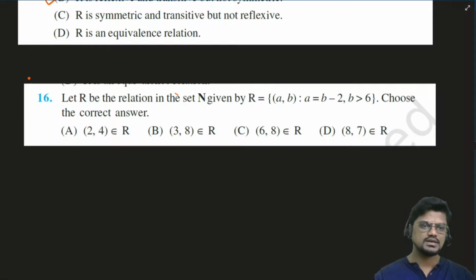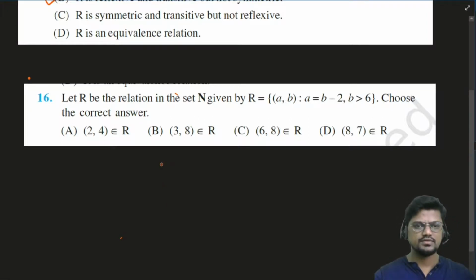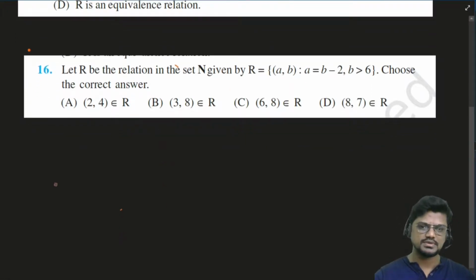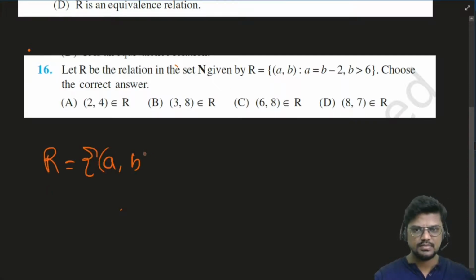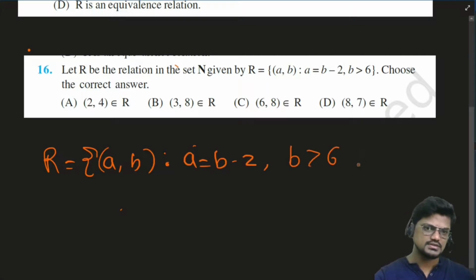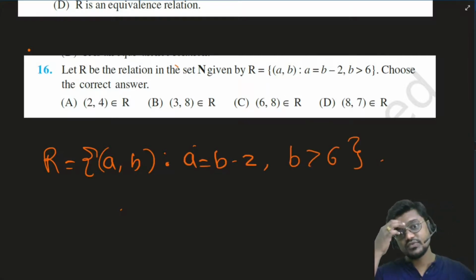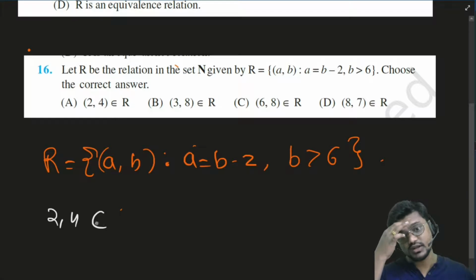Fine. Since I have not got the answer from all of them, now I'll give you the example. The relation is the set of all (a, b) such that a = b - 2 and b > 6. This is the given relation. Suppose I say (2, 4) belongs to the relation.